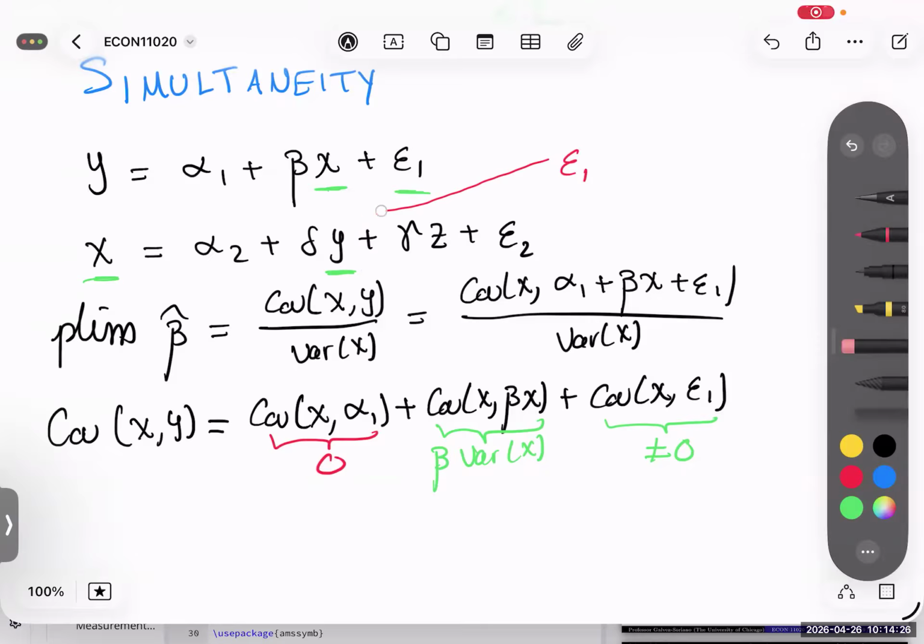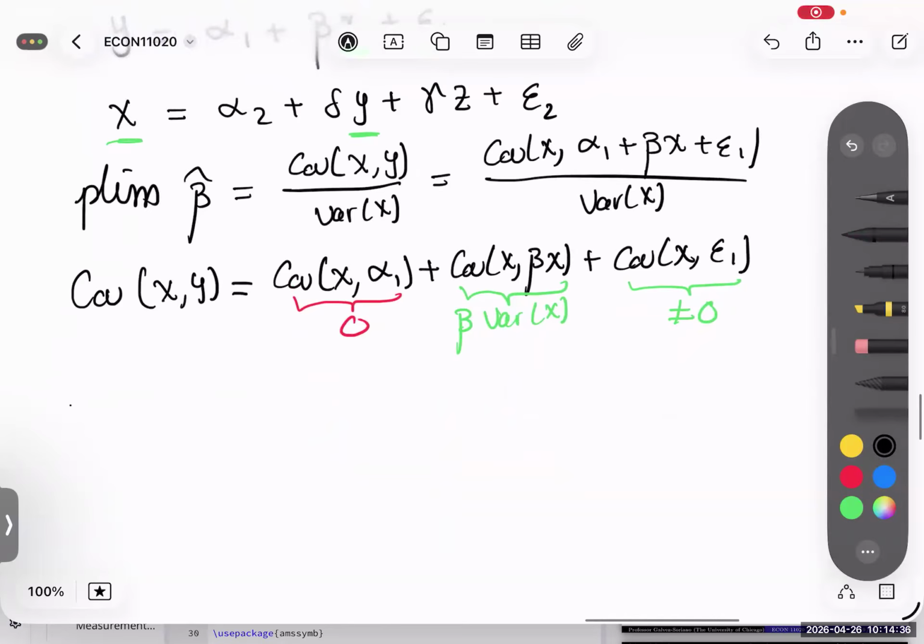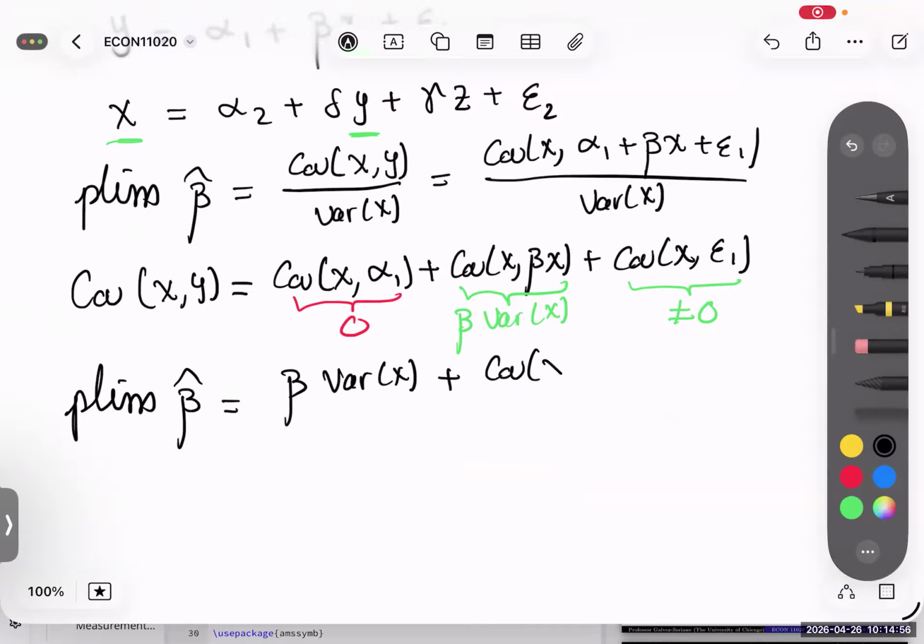So no, you can no longer say that the covariance between x and epsilon 1 is 0, which means that if we go back to the probability limit, we have that this is beta variance of x plus covariance x epsilon 1 divided by the variance of x.